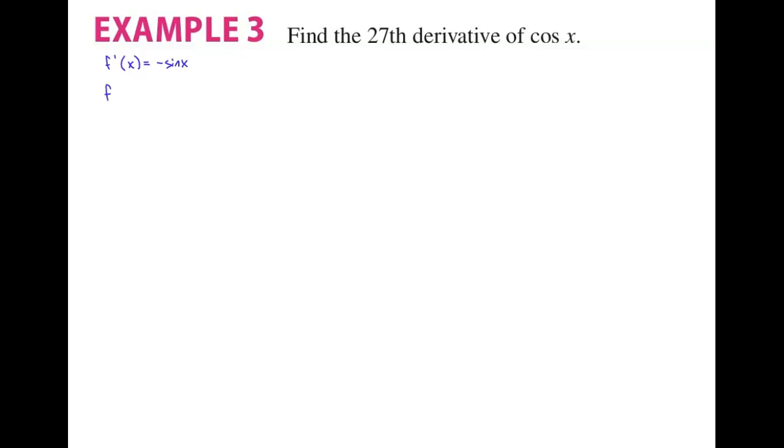Then the second derivative would be, derivative of sine is cosine, but I have a negative out front, so it would be negative cosine. Then the third derivative, the derivative of cosine is negative sine, but I already have a negative out front, so it's going to be positive sine, right?